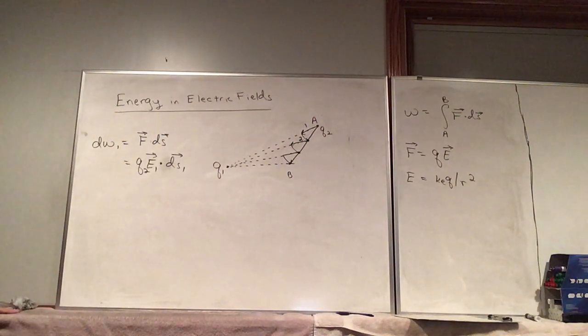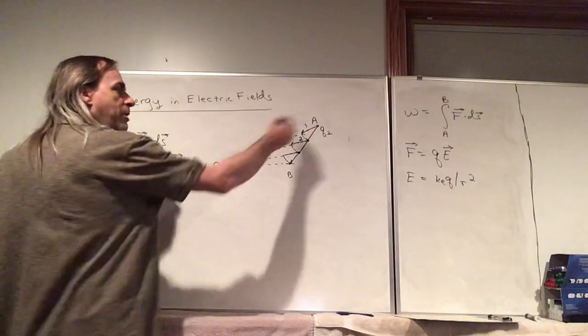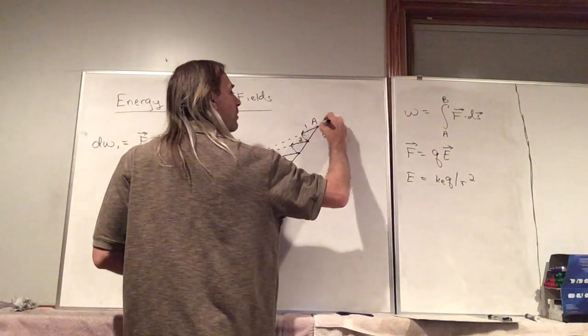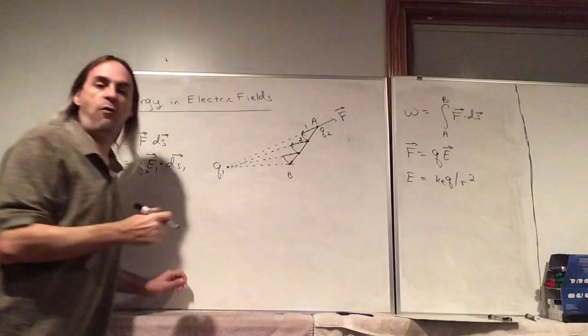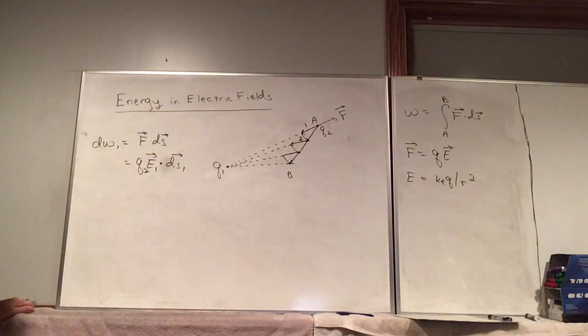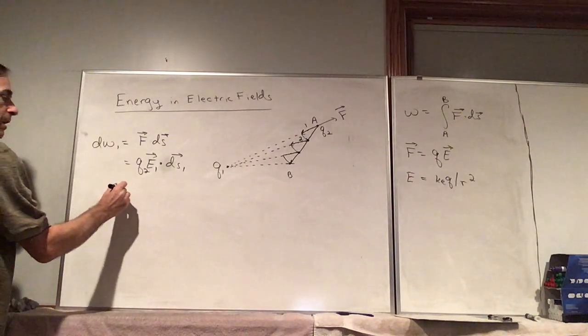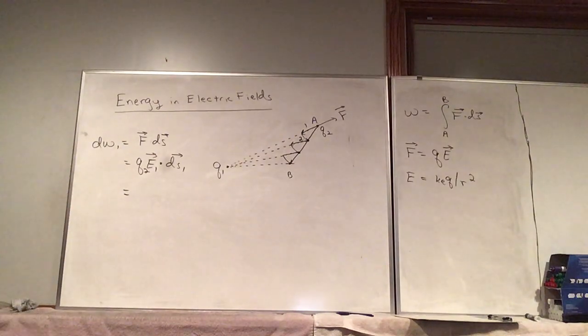Now, this dot product is going to be very easy now. So again, I said assume Q1 and Q2 are positive. Then the force is going to be radially away from Q1, where the displacement is exactly opposite that. And so we're going to pick up a minus sign here.